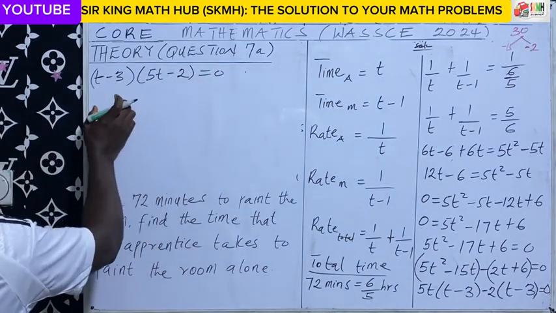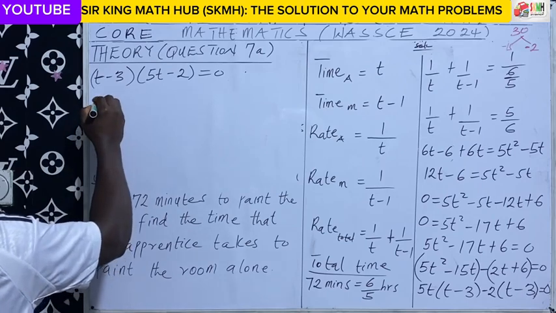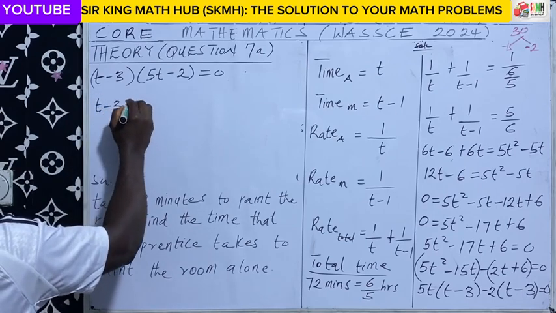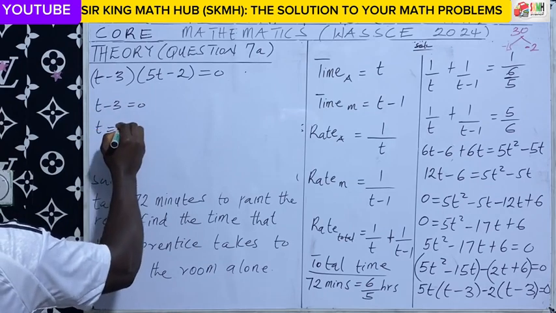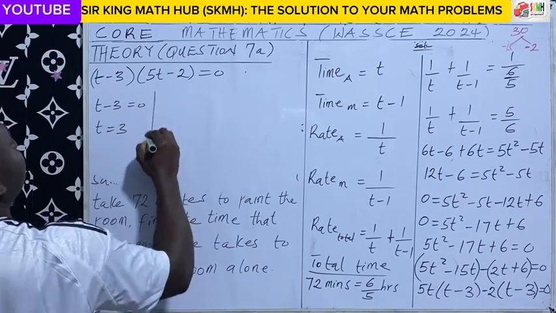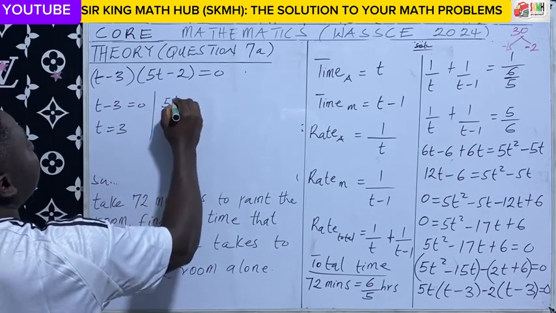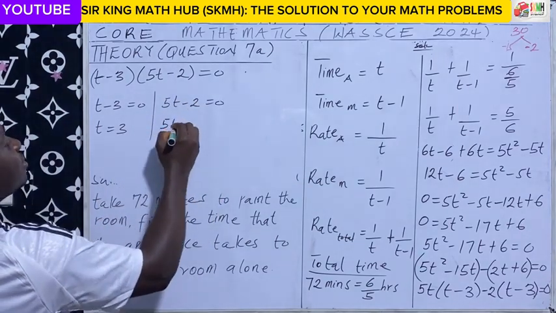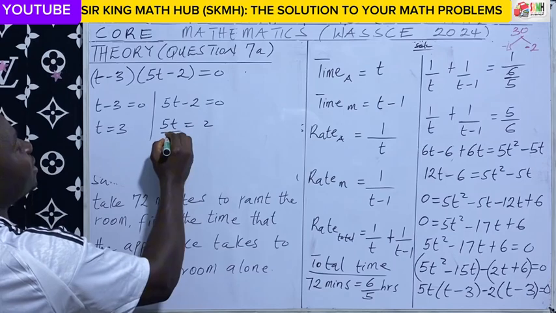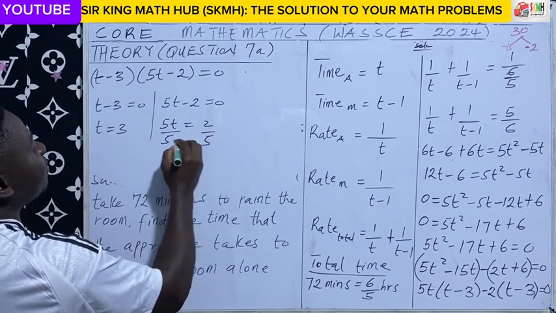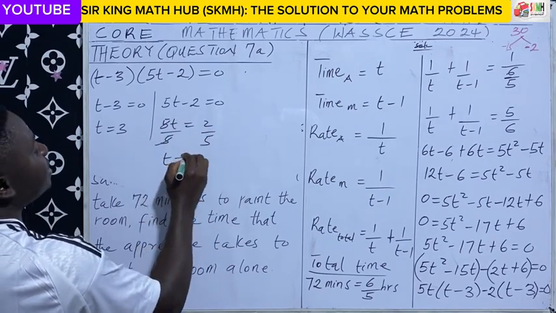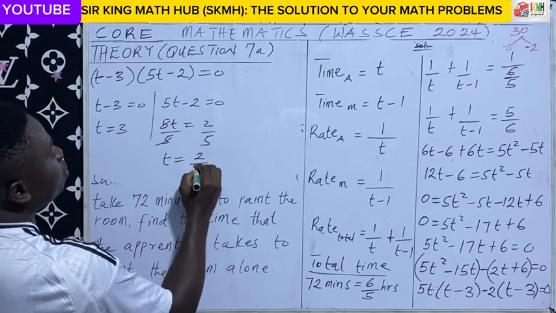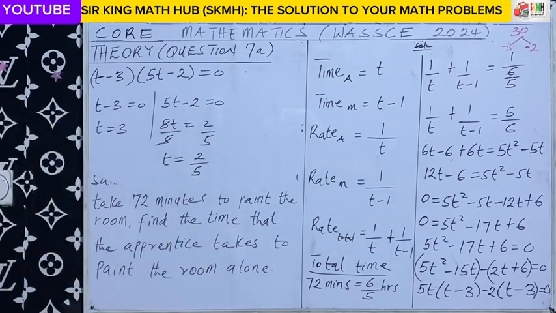So we are going to pick each of the factors and equate to 0. So t minus 3 is equal to 0, t is equal to 3. And then the second factor, 5t minus 2 is equal to 0. So 5t is equal to 2. You can divide both sides by 5. So we end up getting t is equal to 2 on 5.